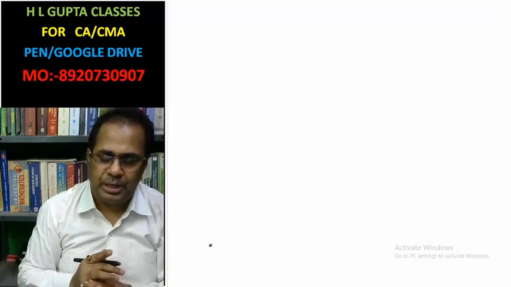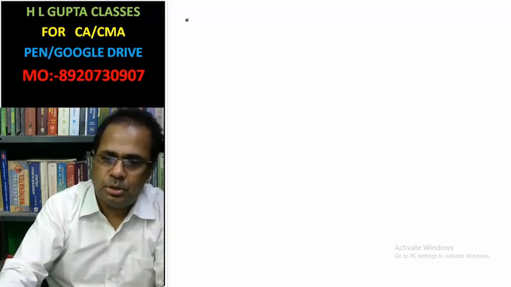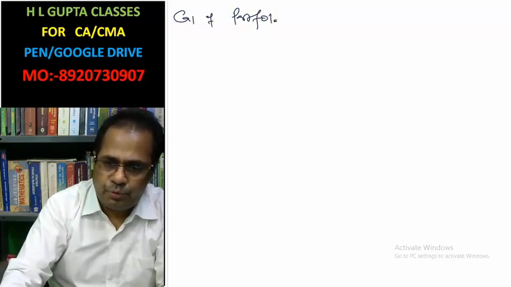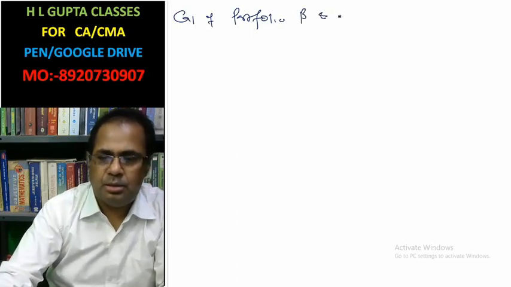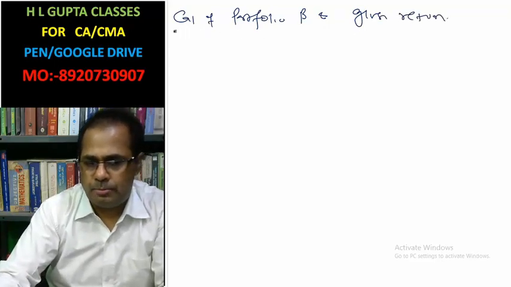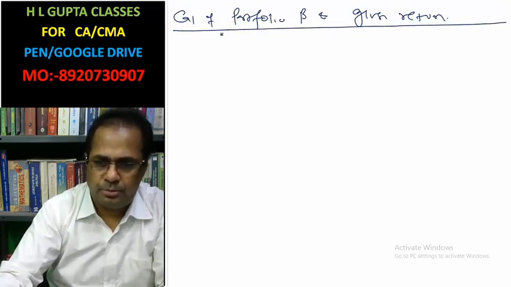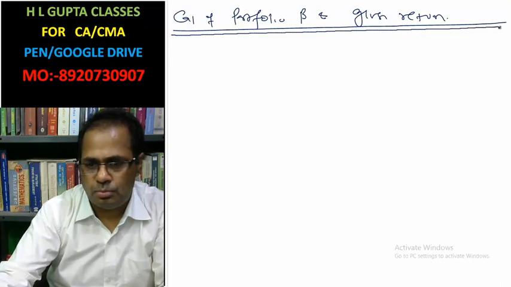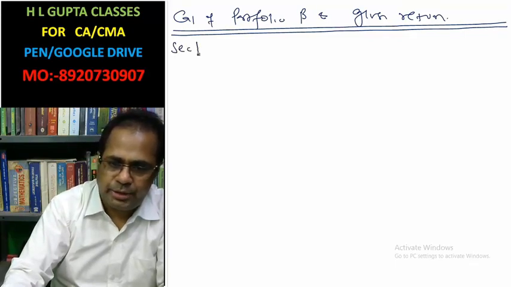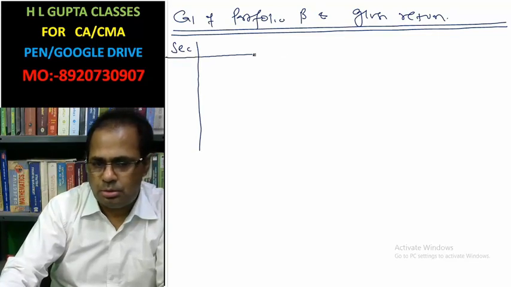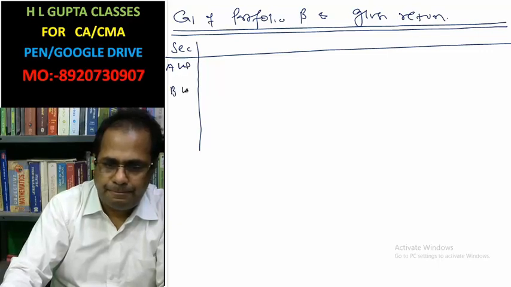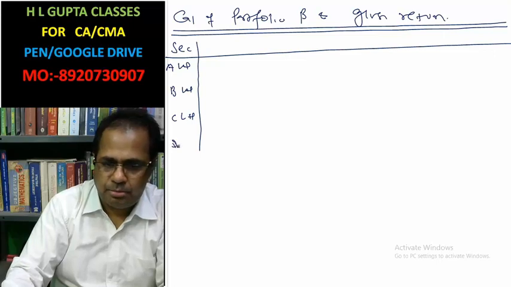Now, calculation of portfolio beta and given return. Here, you have the securities: A Limited, B Limited, C Limited, D Limited.